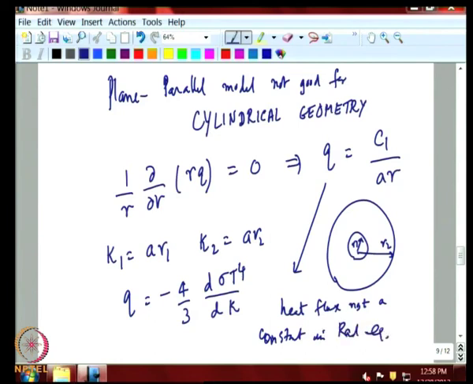This is the new feature of a cylindrical geometry, that even under radiative equilibrium, when there are no competing heat transfer mechanisms, competing energy sources, you cannot say dQr/dz is 0 and Qr is a constant, because Q will indeed decrease as you go from the inner wall to the outer wall, and that is reflected by this expression.